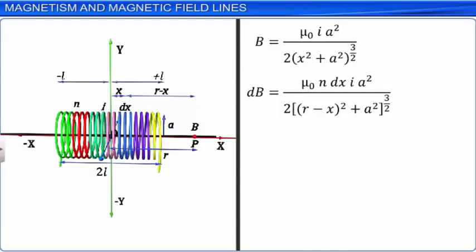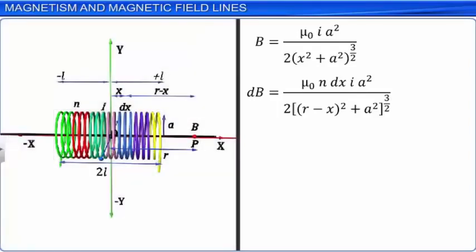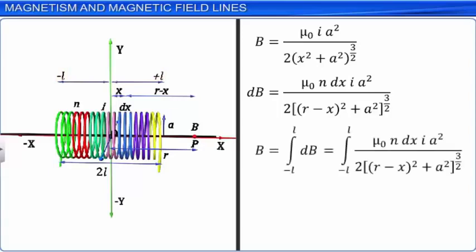When we consider the small elements of the solenoid from one end to the other, the distance of the elements from the center of the solenoid varies from -L to L. Thus, the total magnetic induction at the point P due to the solenoid is B = integral -L to L dB, which is equal to integral -L to L μ₀ n dx I a² by 2 (R - x)² + a²)^(3/2).